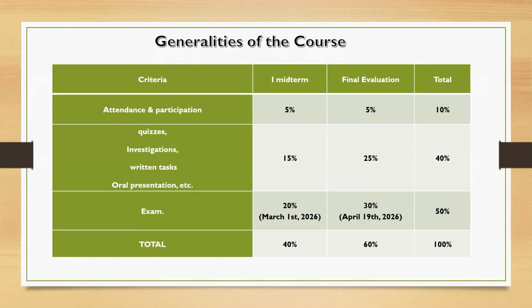In that speaking section, those students who participate will have their names written in a notebook, because I have my personal register here to give the 5% at the end, okay?